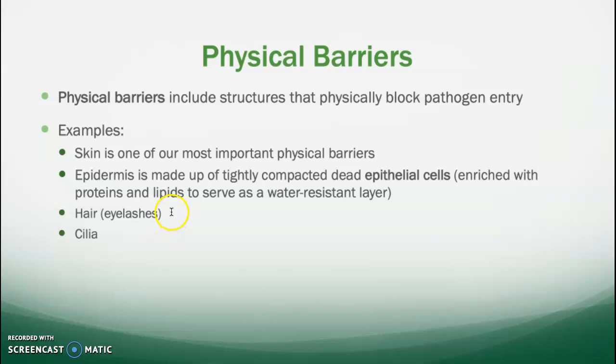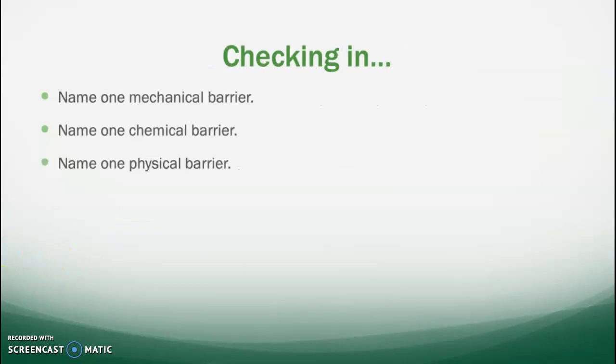Even our fingernails and toenails are barriers, in addition to cilia that can trap things, and hairs in our nose as well that can trap things. So a quick check at the end of this, you should be able to name one mechanical barrier, one chemical barrier, and one physical barrier. And that is that first line of defense that your body has that can prevent pathogens from entering the body. If you have any questions, please let me know through email.